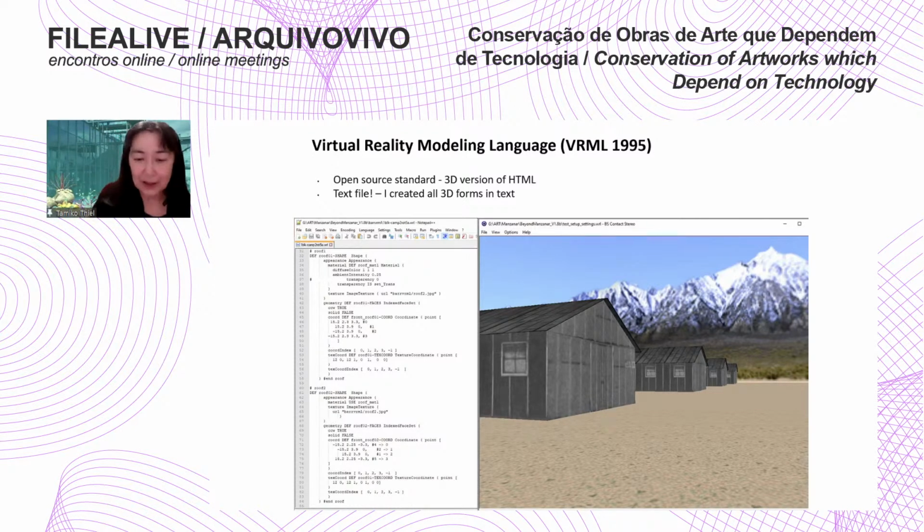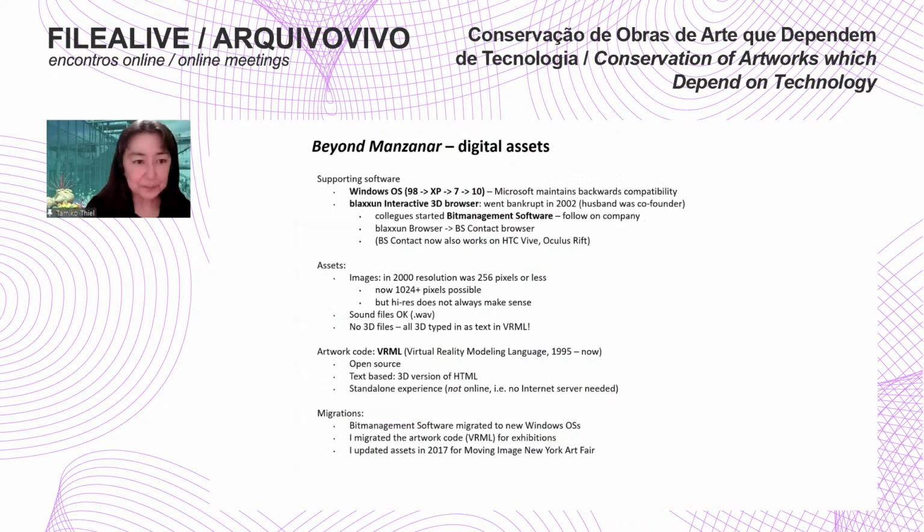There are no models apart from this text file, and because it's open source, anyone at any given time, if they understand how to build 3D rendering engines, can go back and use this open source standard and rewrite a browser that would run this code.